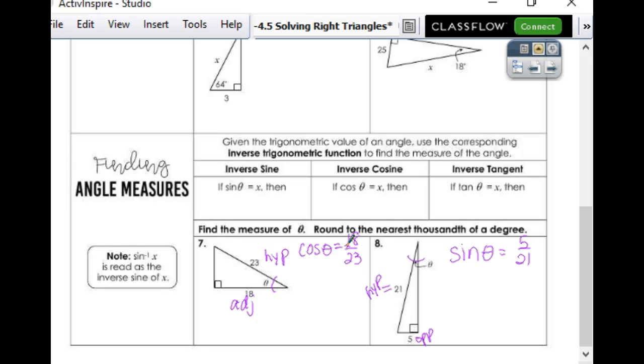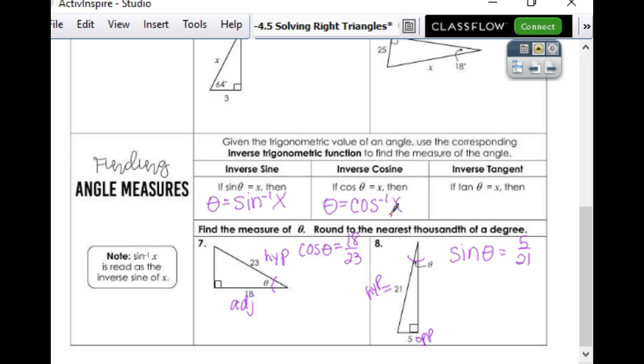I want to find theta, which means I have to get rid of my cosine. So I have to do the inverse function. The inverse function looks like this. And when I want to get the theta alone on the cosine, I need the inverse function of the cosine.